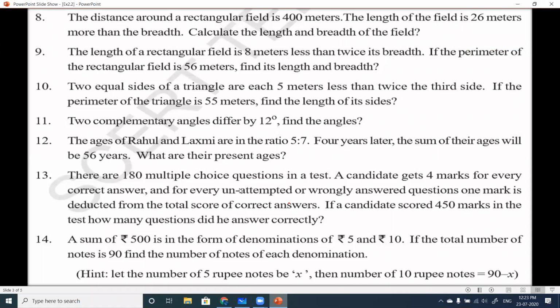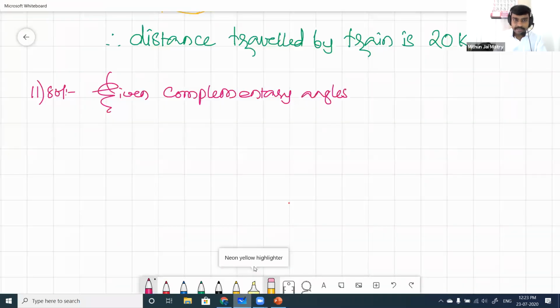So here, let me take the bigger angle. The angles are complementary, but here I will be taking the bigger angle as like this.